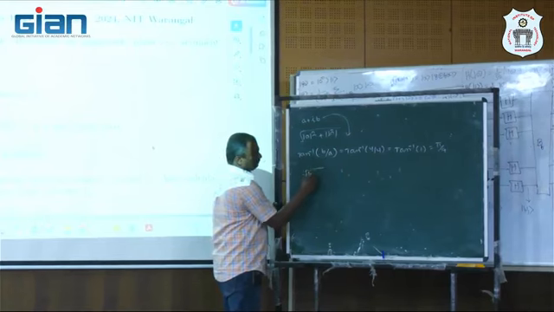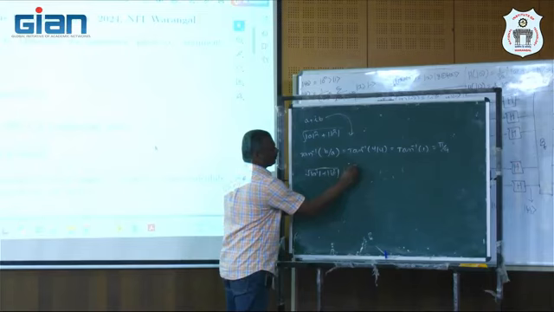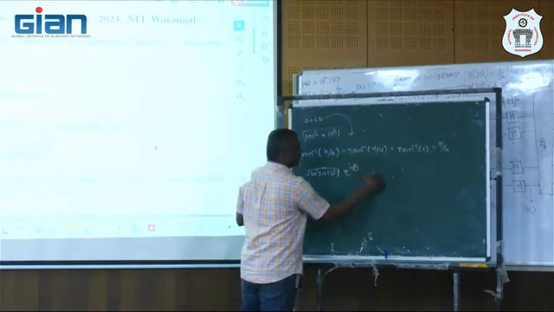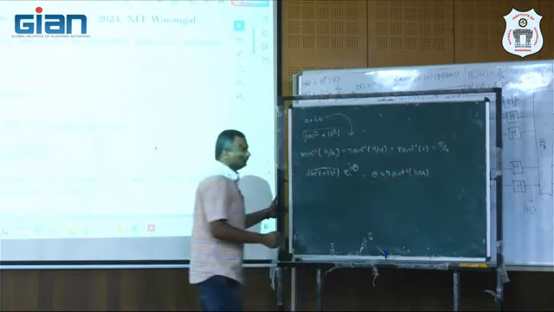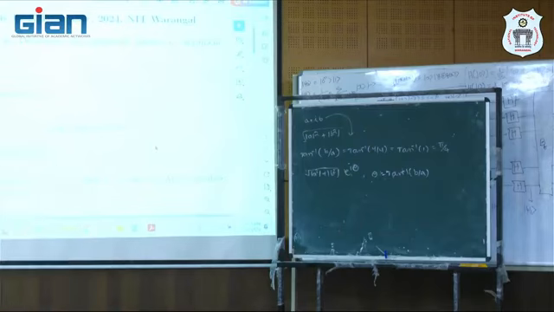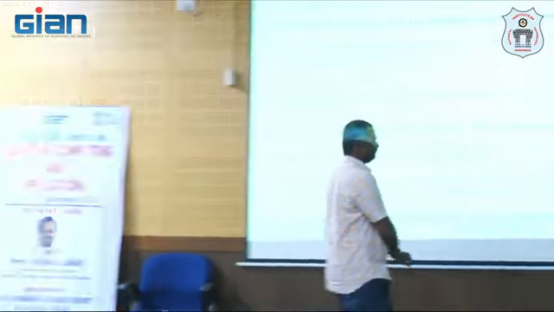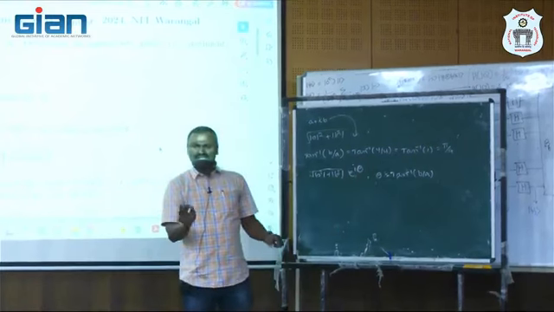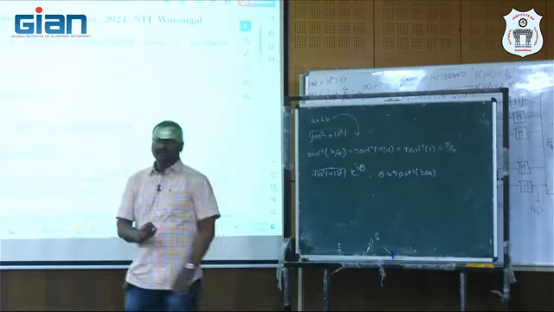Otherwise, square root of 32 e power I times theta, where theta is tan inverse b by a. Is that okay? Because again different quadrants it changes. I have taken both positive, so it is straightforward. Is that okay?